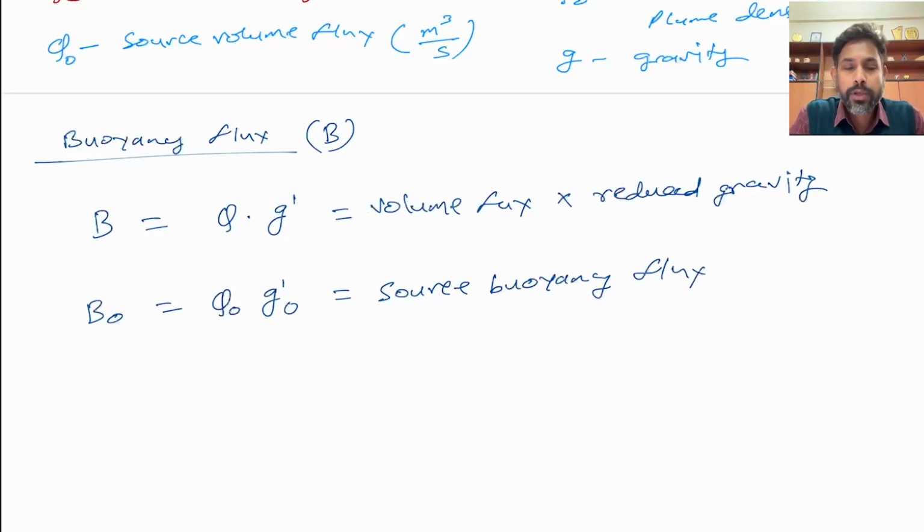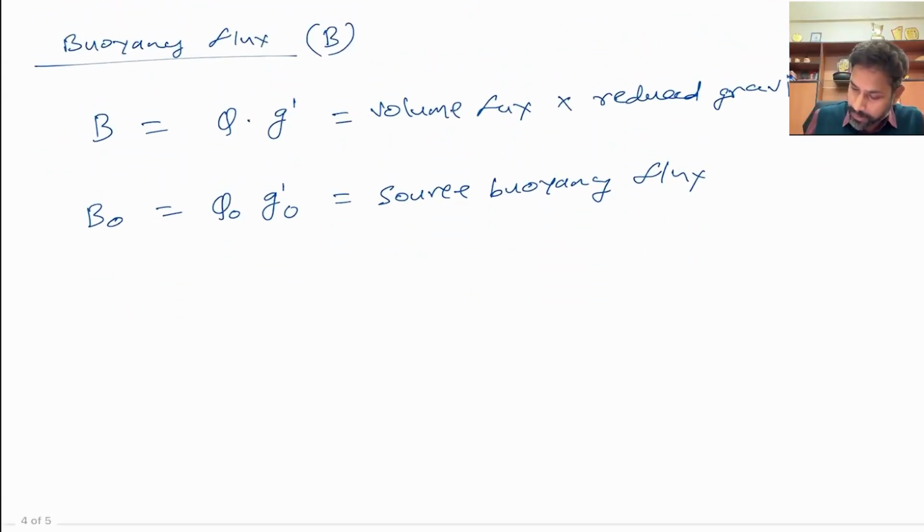And now this buoyancy flux is the total, let's say, potential of the hot fluid that is coming out to form a plume and to rise. So the behavior of the plume will now depend on B naught, which is a combined effect of both the volume flux and reduced gravity.